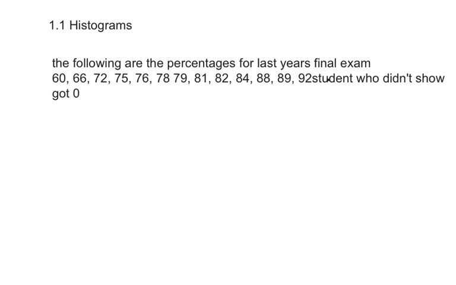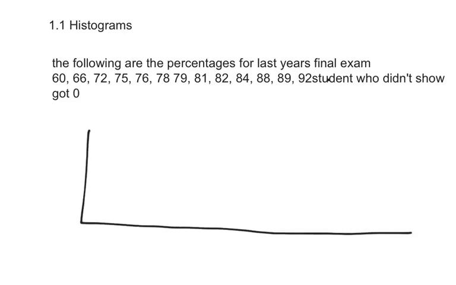Now let's take a look at this. I had one student show up who got a 0. And so, just for the sake of time, we're going to have what I drew on the last one.